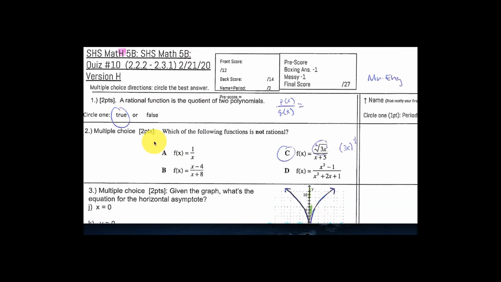Which of the following is not rational? So if we know that it is a quotient or division of two polynomials, here's division of polynomials, yes, yes, yes. Now this one does show division, but polynomials have to have an exponent that is a whole number.